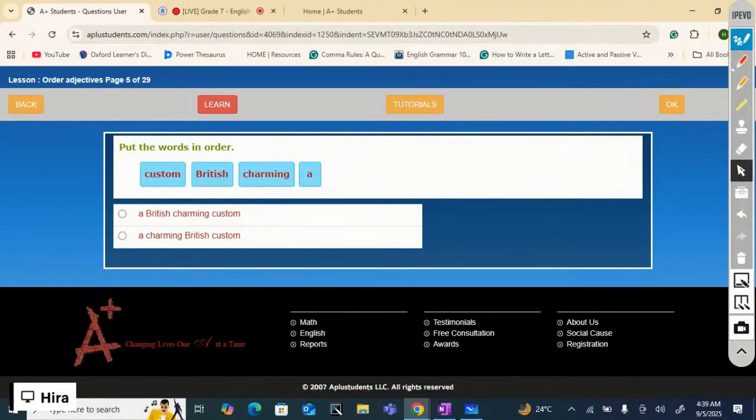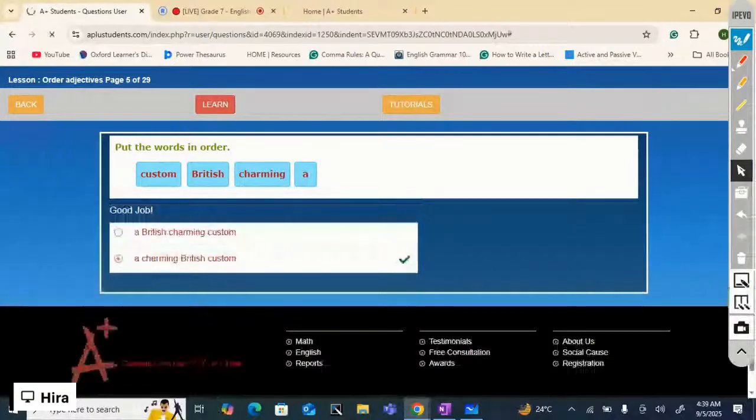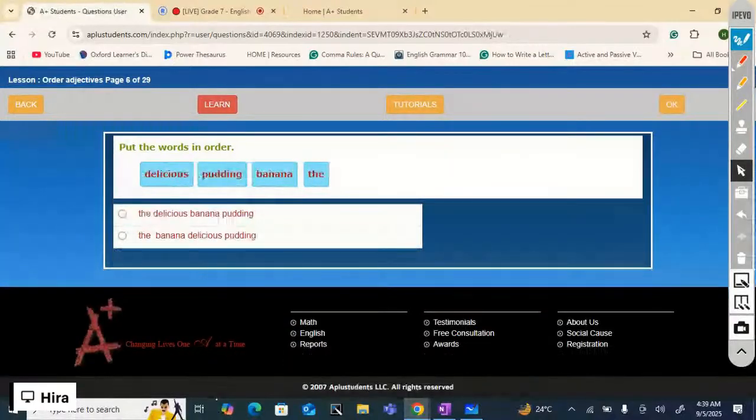I guess, Michael, you answered option one for the previous one or option two for this one. I'm not sure. Yes, it's option two now. A charming British custom. Charming is opinion, and opinion comes before origin, and British is the origin. So a charming British custom. Custom is the noun. These adjectives are modifying it.